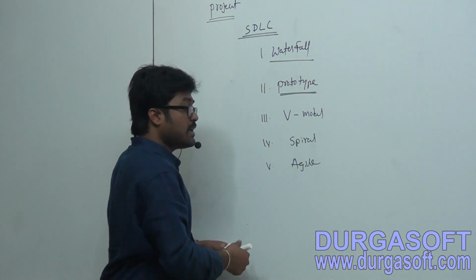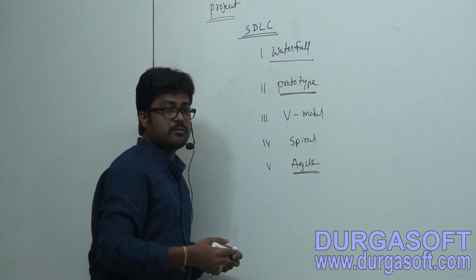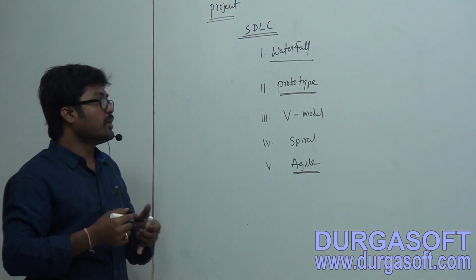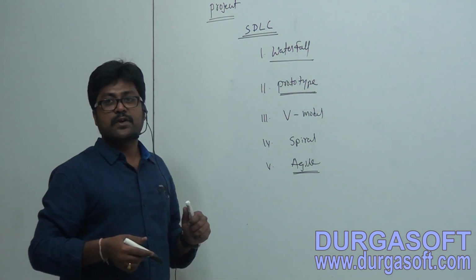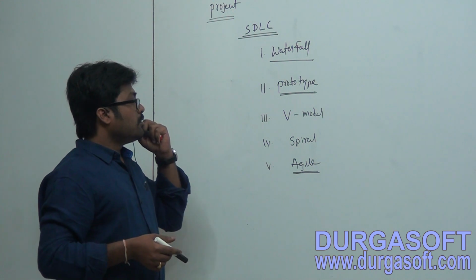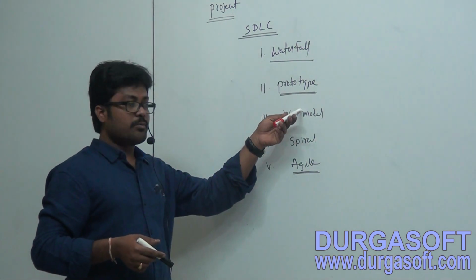Agile is a popular one. The agile model is the popular one to do SDLC phases. Actually we know about waterfall and prototypes, all these.